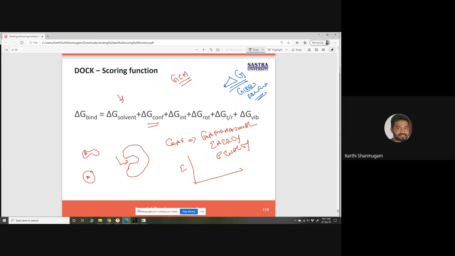If you draw the potential energy surface graph, energy on the y-axis and angle of rotation on the x-axis, you will get some plot like this. It will differ from one molecule to another, and also differs with angle of rotation, right? So in this, can I say that this point is the global energy minimum conformation?